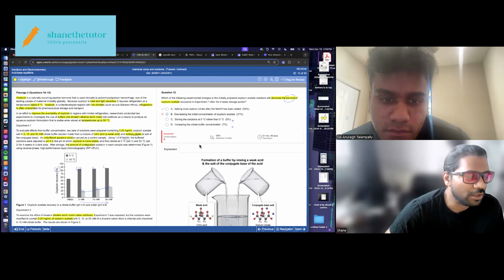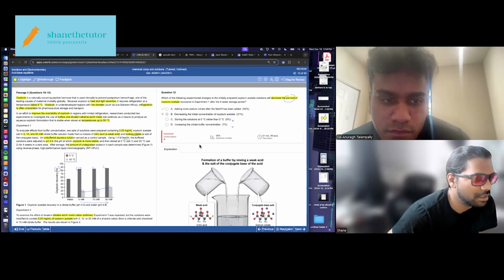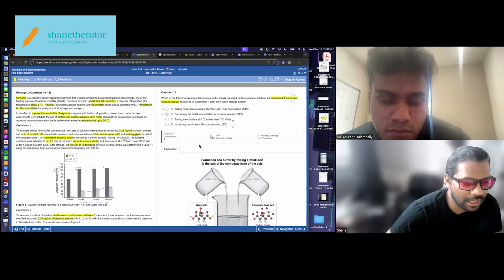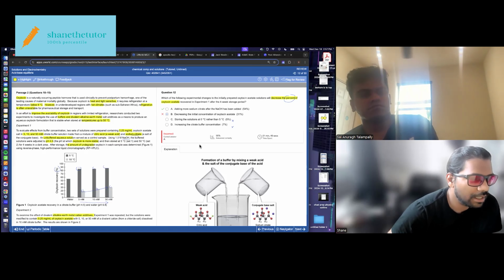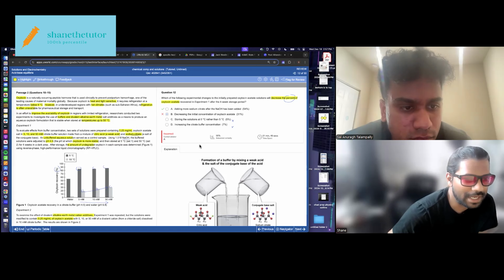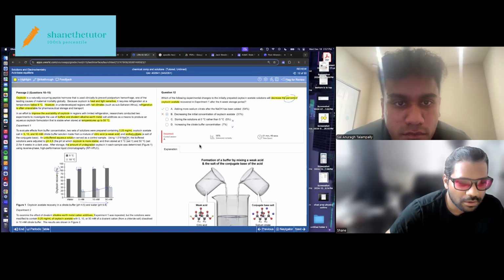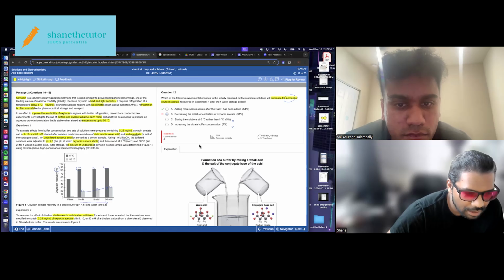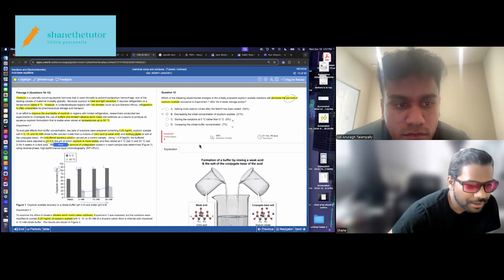But when you use the sodium hydroxide, the pH of the buffered solutions seems to have increased. Let's see. The buffered solutions were adjusted to a pH of 4.5, which makes it more stable. Wait a sec, hold on. Okay, let's see.